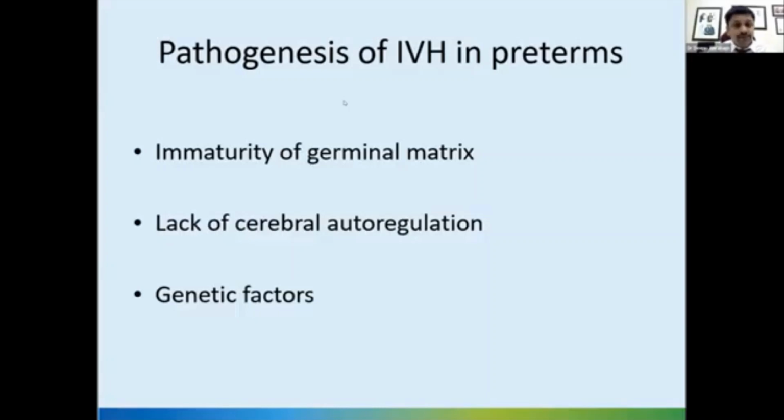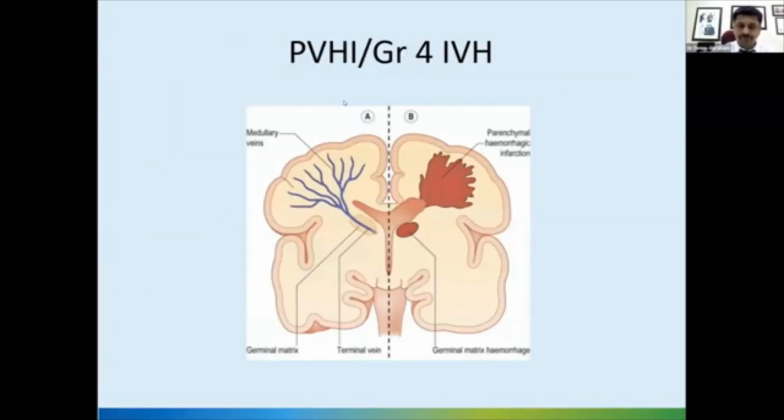There has also been an ethnic preponderance in mothers of African descent, which has been shown to have an increased incidence of more severe bleeds. So that again could be a pointer towards genetic factors determining the incidence of intraventricular hemorrhage.